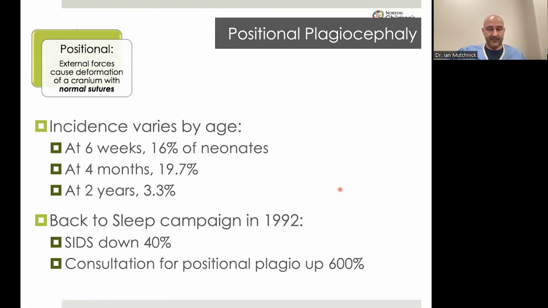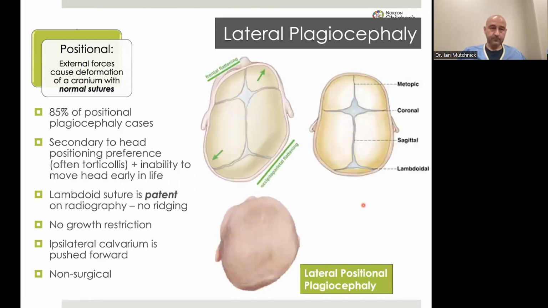By the time they get to 2 years, they've had a good long time of independent head motion, independent body positioning, and they move themselves and their head puffs back out. It tends to be a self-resolving issue. So with a lateral positional plagiocephaly, you get some occipitoparietal flattening.